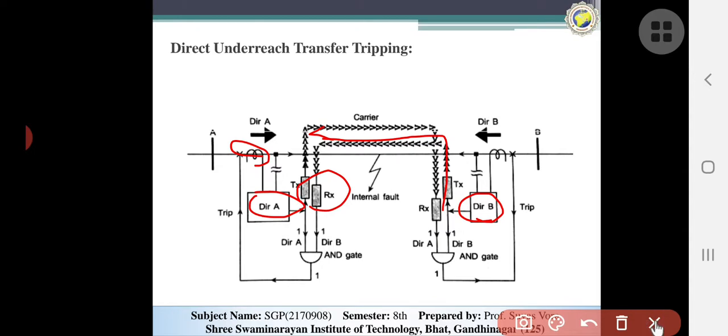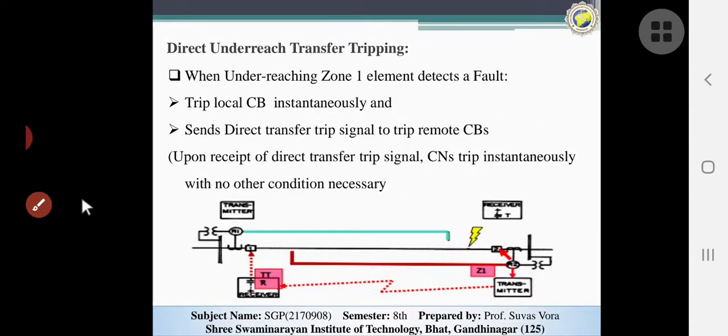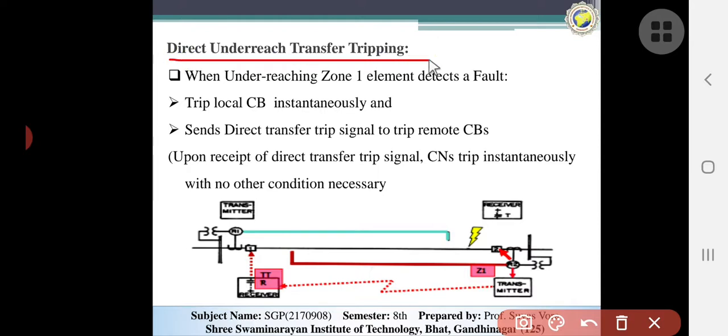So in the last lecture we have already seen that. Now what is the direct underreach transfer tripping scheme? Actually the main point is when the underreach zone 1 element detects the fault. अब जो फॉल्ट इंटरनल फॉल्ट होगा तब क्या होगा, तो दे विल ट्रिप द लोकल सर्किट ब्रेकर इंस्टेंटली, यानी कि जो लोकल सर्किट ब्रेकर है वो इंस्टेंटली ओपन कर देगा या ट्रिप कर देगा.